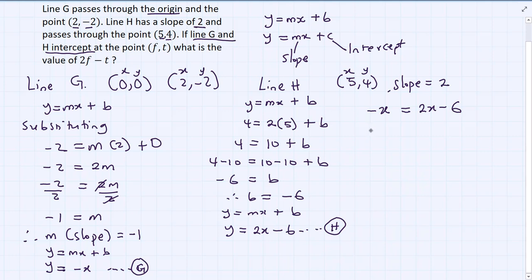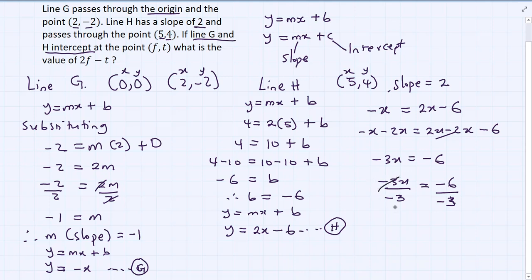From here, let's solve. We can subtract 2x from both sides to have -x minus 2x is equal to 2x minus 2x minus 6. So this goes away and we have -3x is equal to -6. Divide both sides by -3. We have -3x over -3 is equal to -6 over -3.